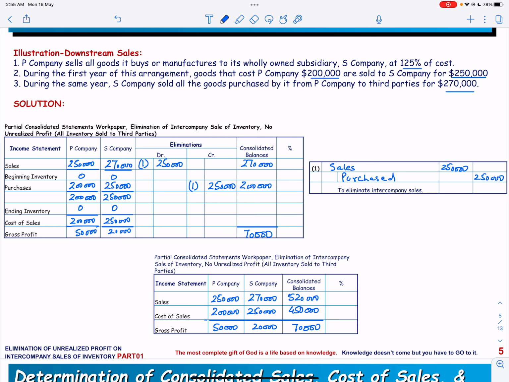So if the intercompany sales were not eliminated, the consolidated gross profit would be correct in both cases, but the gross profit percentage would not.